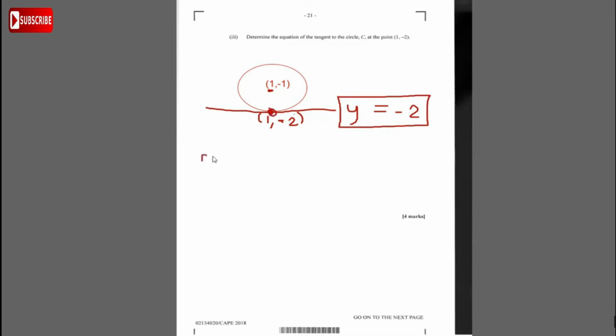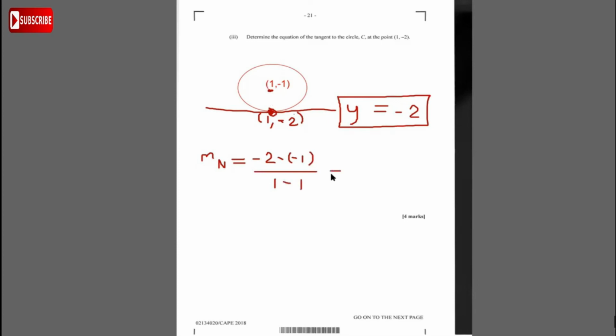First thing we're going to do is find the gradient of the normal. The gradient of the normal is going to be rise over run. So it's -2 minus -1 over x2, which is 1 minus 1.